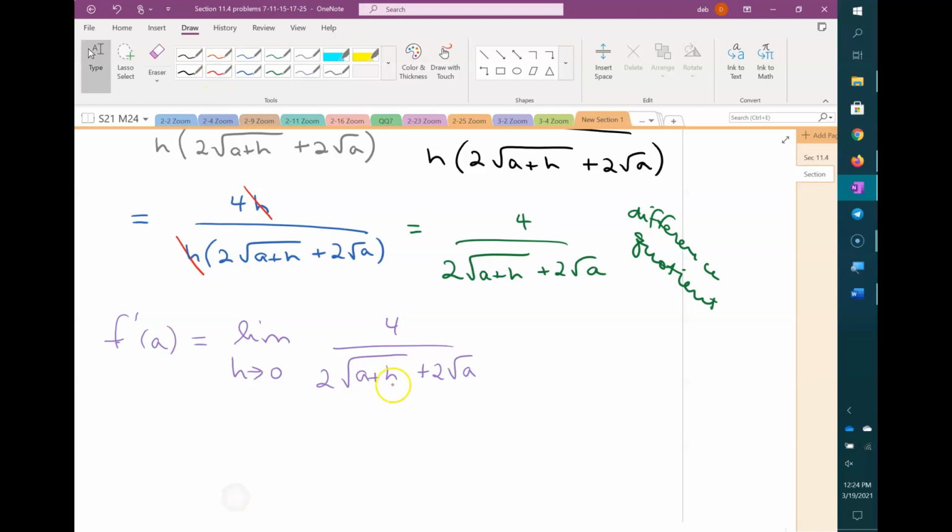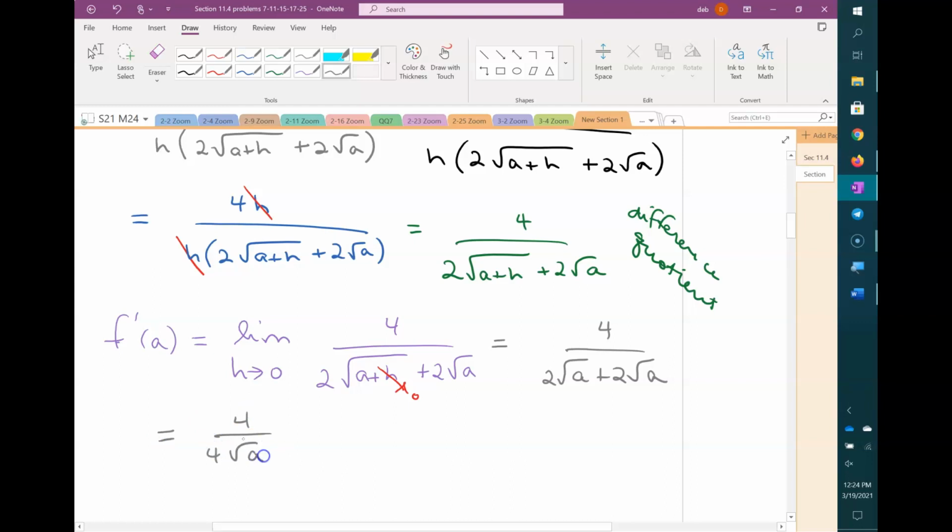So h is going to go to 0, and that's going to give me 4 over 2 square root of a plus 2 more square root of a. So that's 4 over 4 square root of a. Those 4's are going to cancel and leave a 1. So I'm going to have 1 over the square root of a.